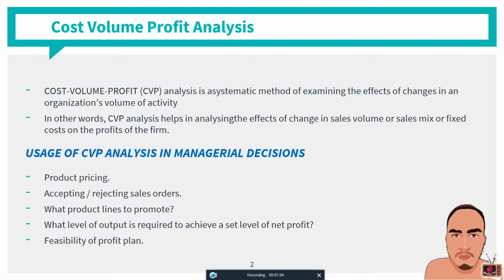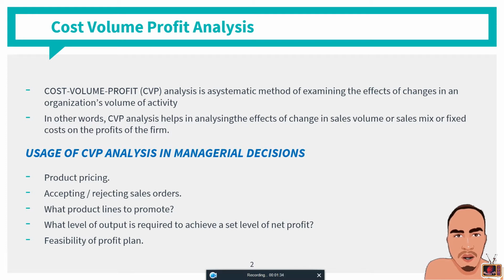What are the usage of cost volume profit analysis in managerial decisions? So most of us now are managers and supervisors in our respective areas of responsibility. So for me, it's very important that we apply this in our current jobs or professions. This could be used in number one, the product pricing.